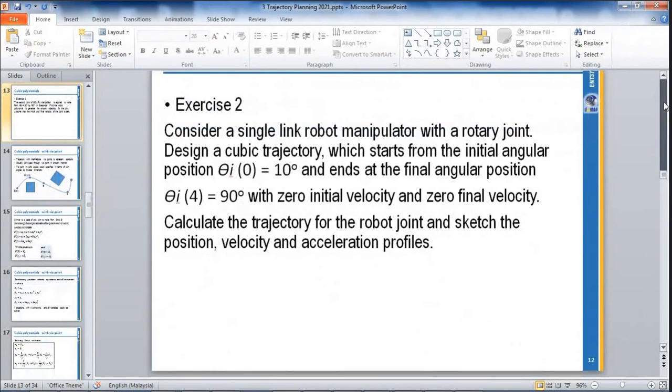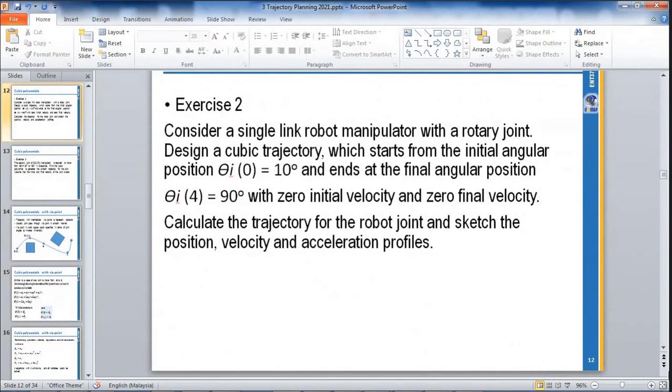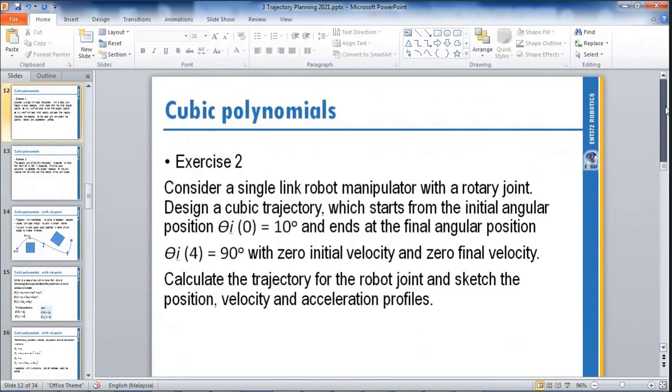If you understand the cubic polynomial without via point, applying it to cubic polynomial with via point is easier.